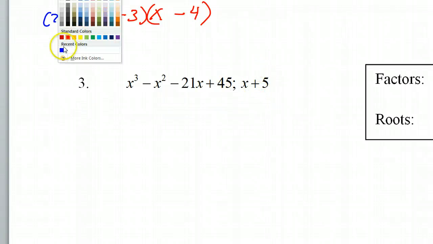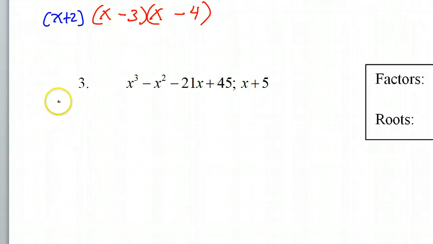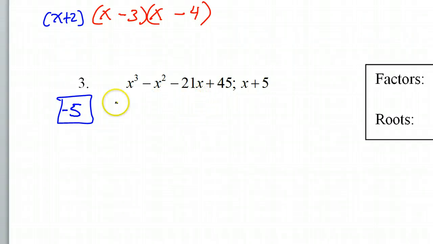Here we go again. This factor of x plus 5 gives us a root of negative 5. So the coefficients are 1, negative 1, negative 21, and 45.